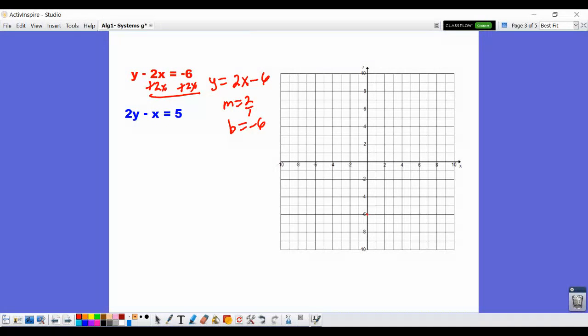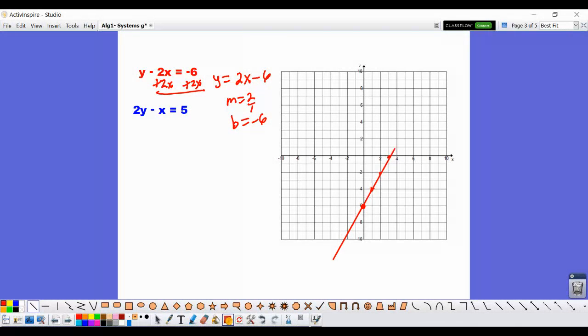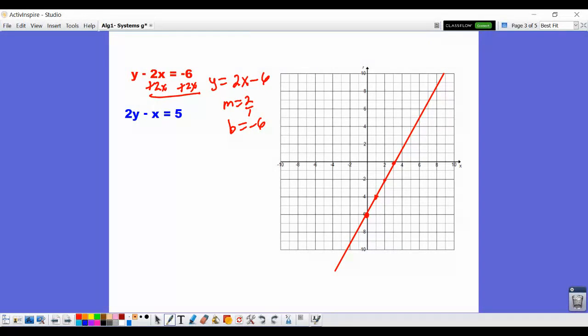So I'm down at negative 6, and I'm up 2 over 1. Again, I can make multiple points, and I can draw a nice straight line through those, and make sure that you draw the line fully across the graph. Don't be making your line short. We actually need to have that full distance in case our line intersects someplace that's not in the middle.